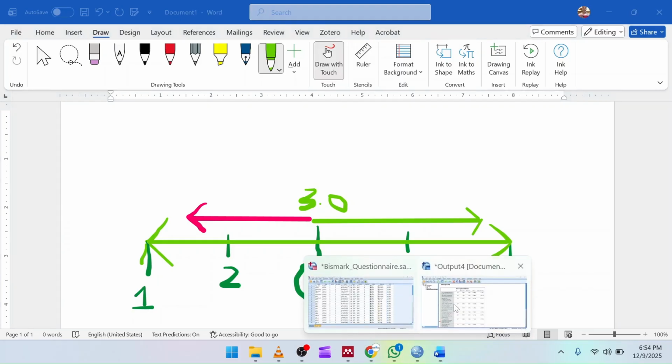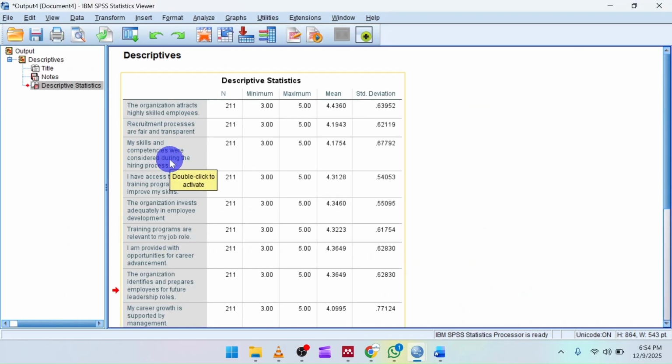Okay, so now when you read this, that the organization attracts highly skilled employees with a mean value of 4.4360, it means that respondents strongly agree, because 4.4 is very close to 5, which is strongly agree. So it means that respondents generally agree to the fact that the organization attracts highly skilled employees. Then we move to the next one.